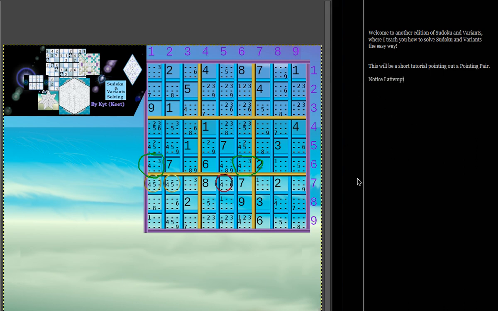Notice I attempted to circle the 4 and the 3 pair.